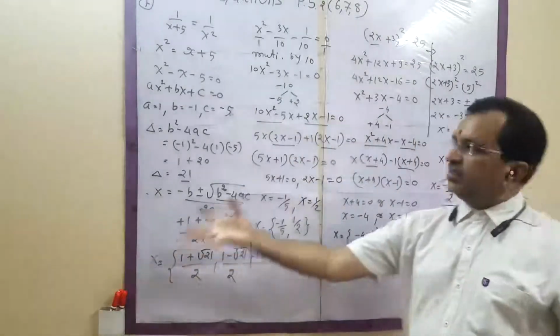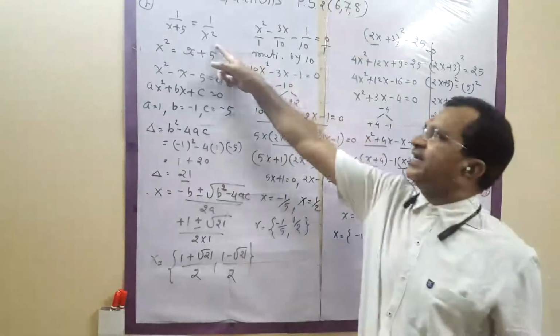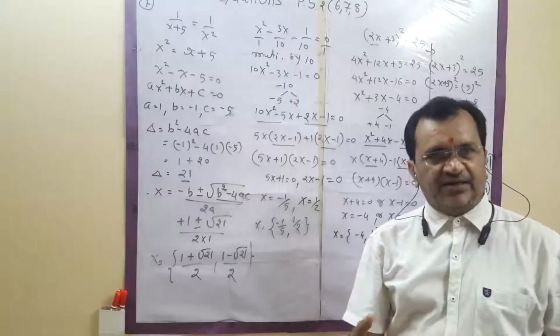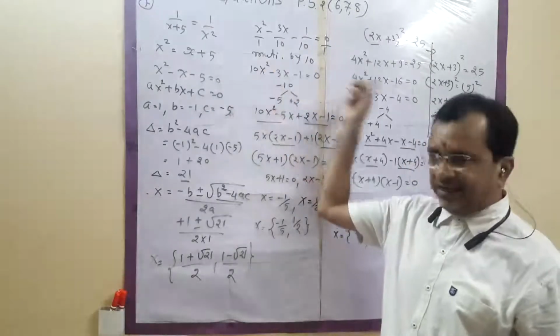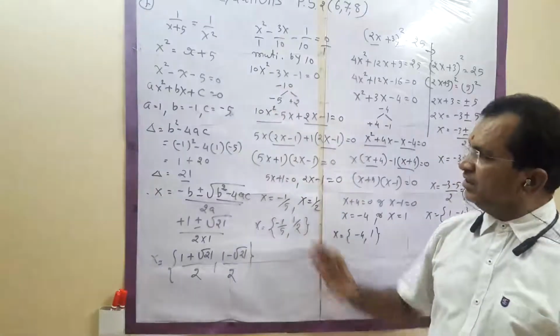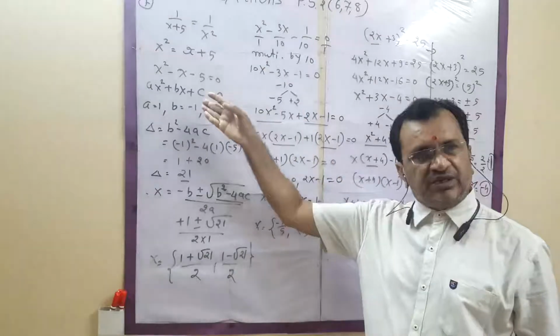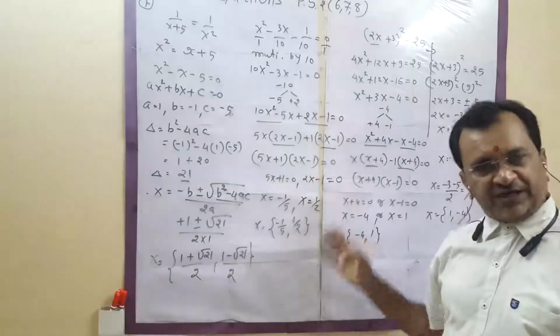3 sums I have taken, again 3 sums I have taken. It is in a zigzag form, directly it is not a quadratic equation. I have simplified, then I have converted it into the quadratic equation. Here factor is not possible. When factor is not possible, do by formula method. When factor is possible, do by factor method.